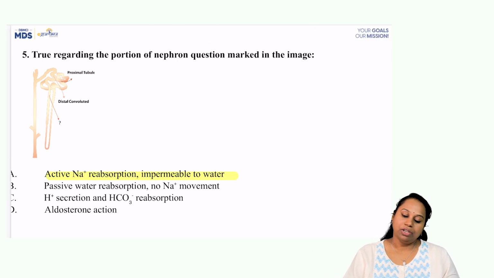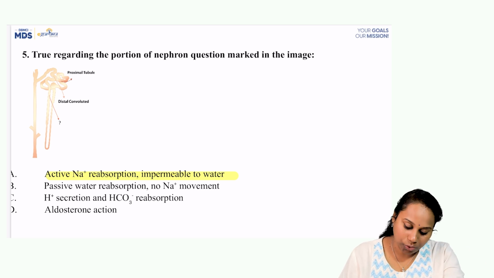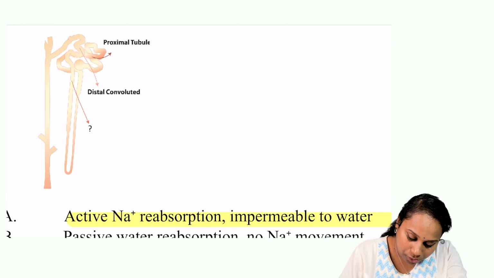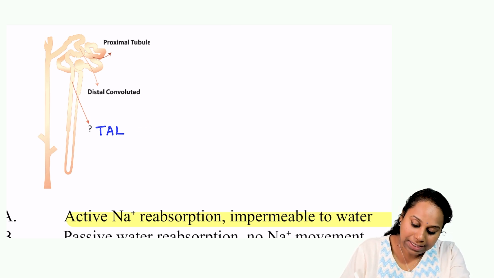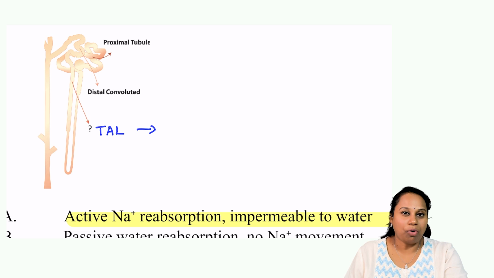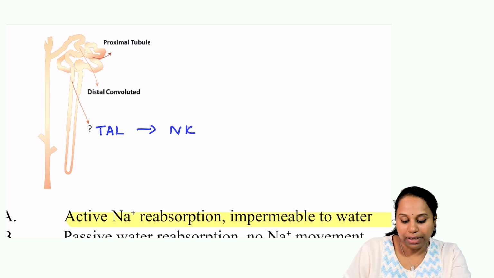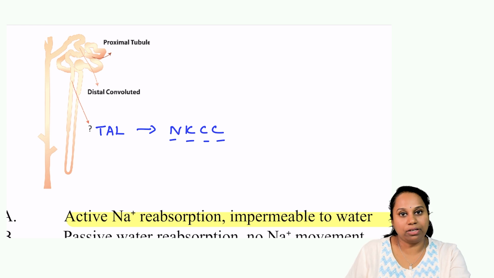Question number 5. True regarding the portion of the nephron questioned below. The portion questioned here is the thick ascending limb. At the thick ascending limb, you have an important transporter, NKCC, the sodium potassium chloride transporter, which helps in active reabsorption of all these salts.